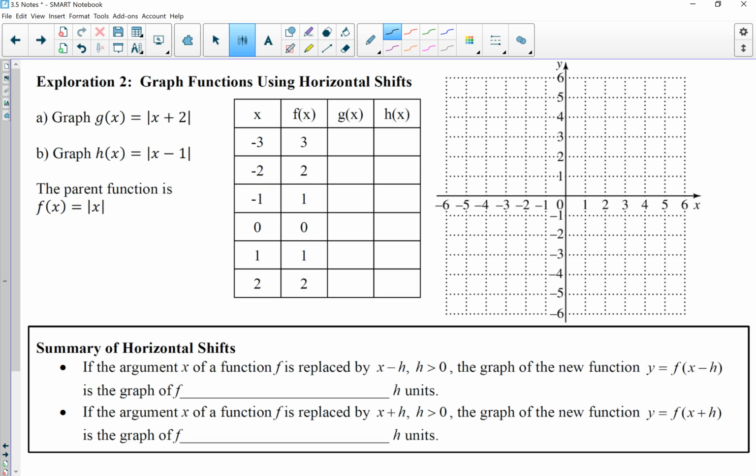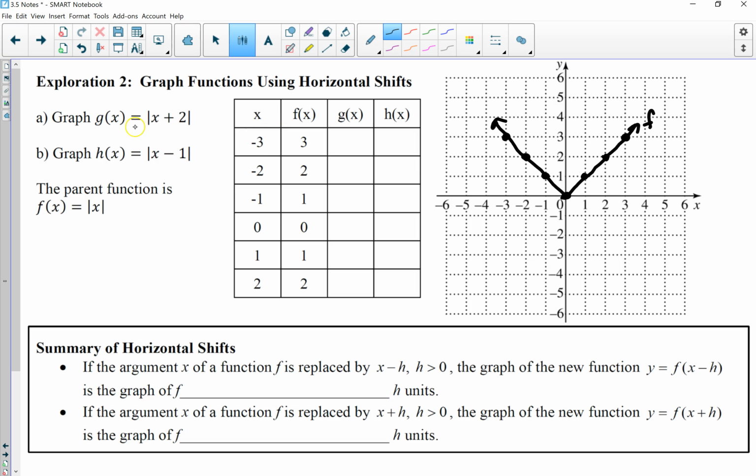Absolute value of -2 gets you 2. -1 gets you 1, and so on. So I'll go ahead and plot these numbers and show my parent function graph. And so if I ever see an absolute value, I would know to generate this sort of parent function graph, that it's this kind of sharp V shaped graph.